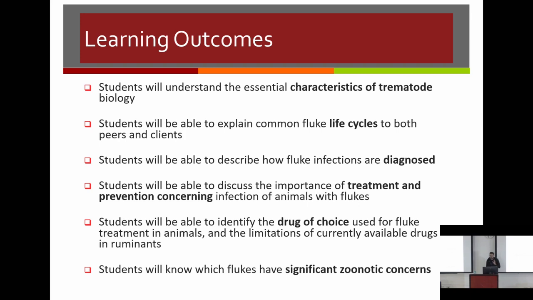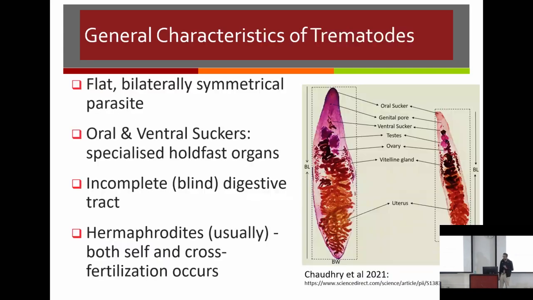We will discuss the treatment as well as preventive strategies for this group of parasites. You will also be able to identify the drugs of choice used for the treatment of these animals, and the zoonotic importance of this group of parasites.